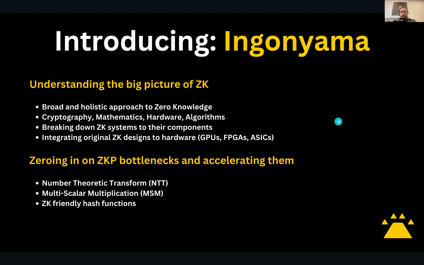But in general, we design hardware systems, so GPUs, FPGAs, ASICs, and we do a lot of research into the mathematical primitives that are behind all these cryptographic algorithms. So that's a brief introduction to Ingonyama.